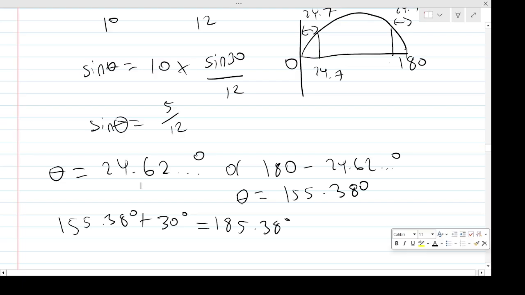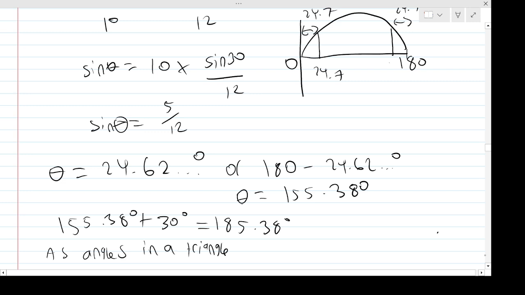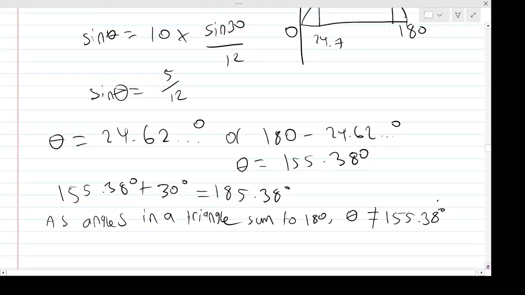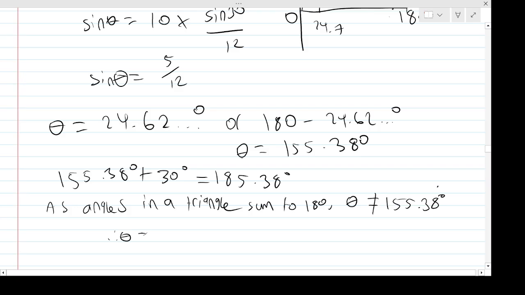So I'm going to say, as angles in a triangle sum to 180, that means that theta cannot be this 155.38 degrees. So the only solution is that theta is 24.62 to 2 decimal places. Okay, there we are then.